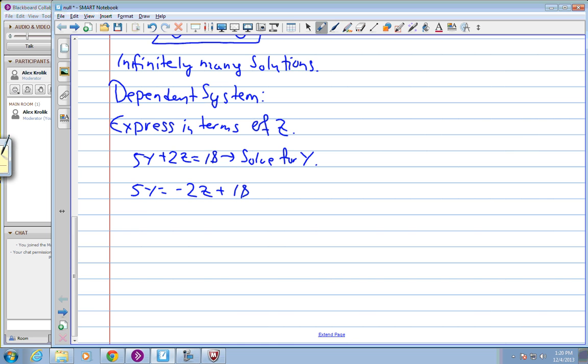And then divide everything by 5. y equals negative 2/5 z plus 18/5, right? In terms of z. So I can also express x in terms of z.